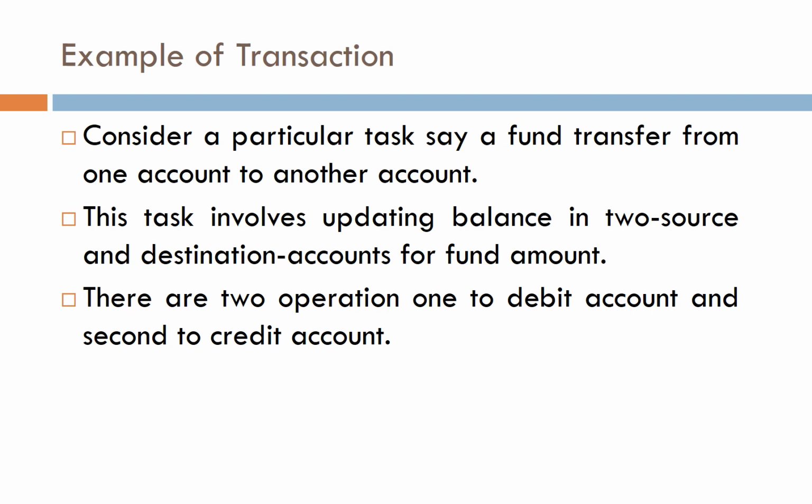As we are taking some money from one account, the value is going to change and we are adding that value to another account, so again that value is going to change. So there are two operations, one to debit an account and second to credit an account. When we complete this task, it is known as one transaction.